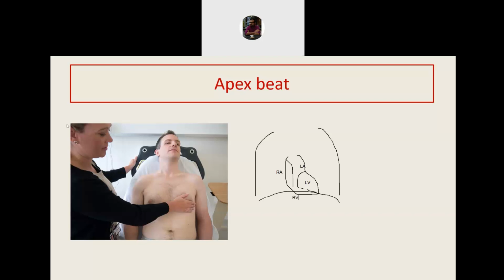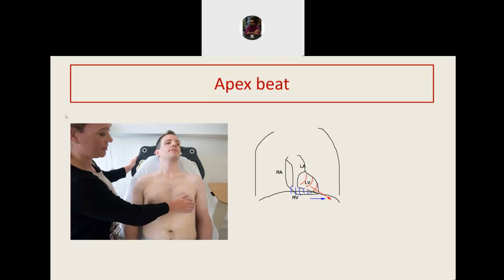So if the left ventricle increases in size due to any reason, the heart starts growing obliquely in this direction. That is because the muscle fibers of the left ventricle are arranged in this direction. On the other hand, if the right ventricle increases in size, then the heart enlarges in this direction. That is again because the muscle fibers of the right ventricle are arranged in this direction and they grow like this.